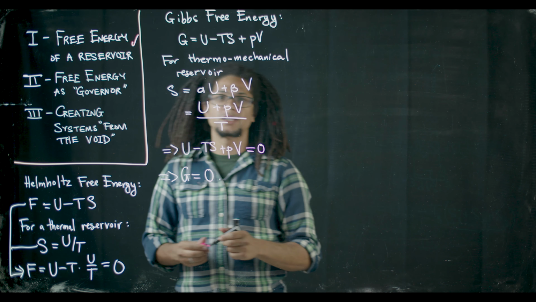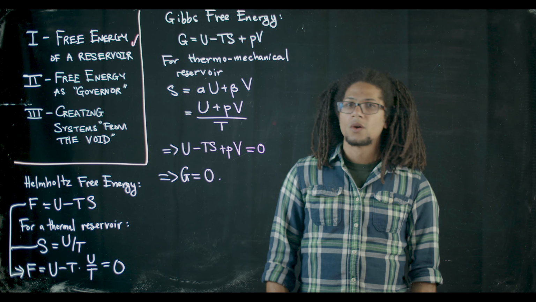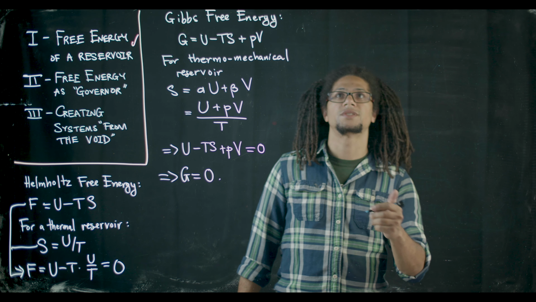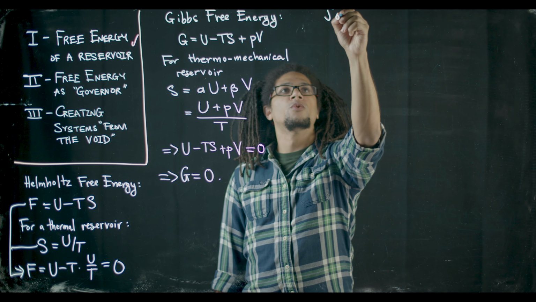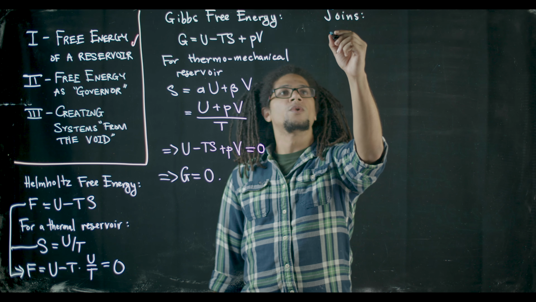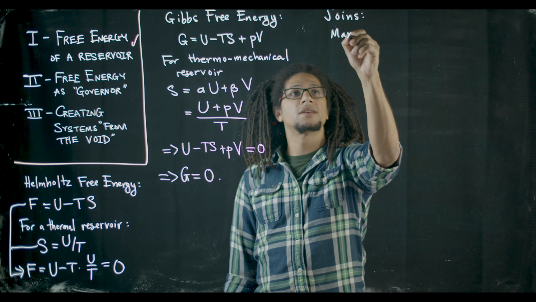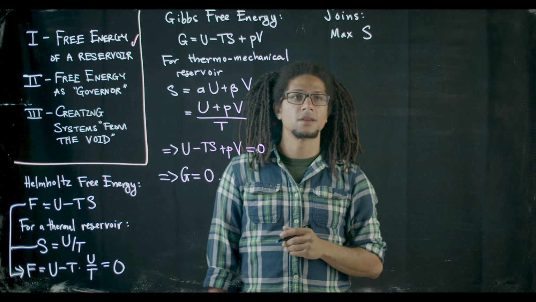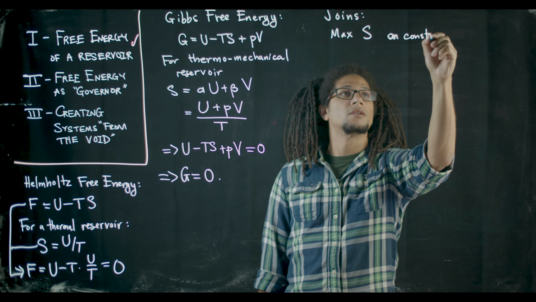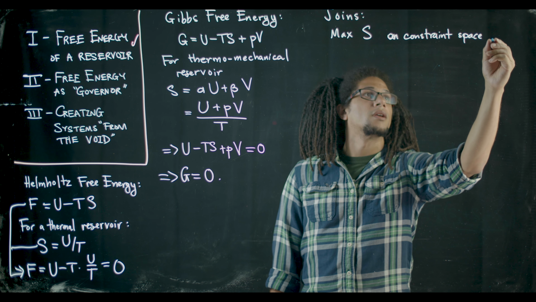about the free energy as being a sort of governor of what happens in the system. Recall how things worked for an isolated set of systems. So remember our rule for joins. In a join, we moved to the point in the state space which maximized S on constraint space kappa.